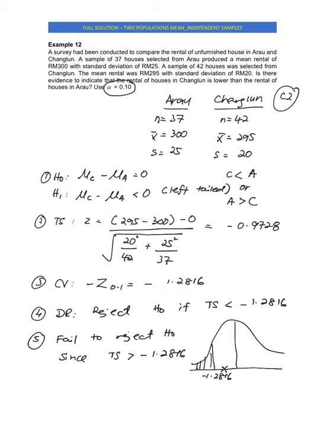When we fail to reject, we can say that mu Changlun equals mu Arau. It means rental of houses in Changlun are equivalent to rental of houses in Arau. So, for a complete sentence, there is no evidence to indicate that the rental of houses in Changlun is lower than rental of houses in Arau.